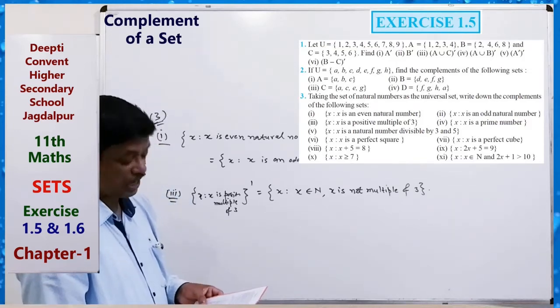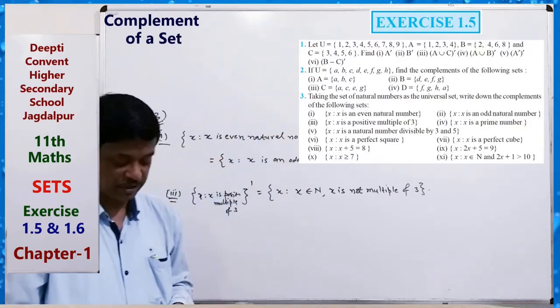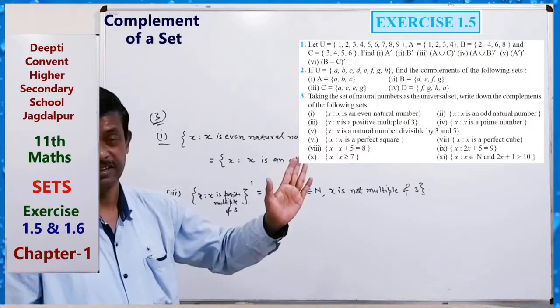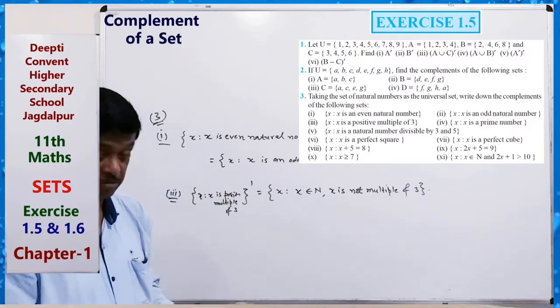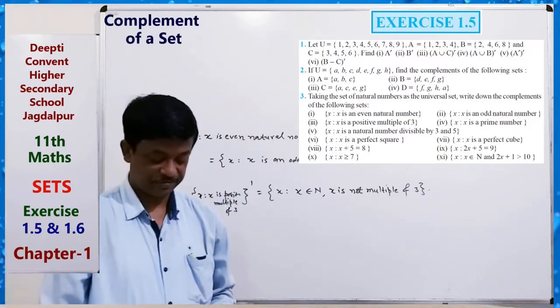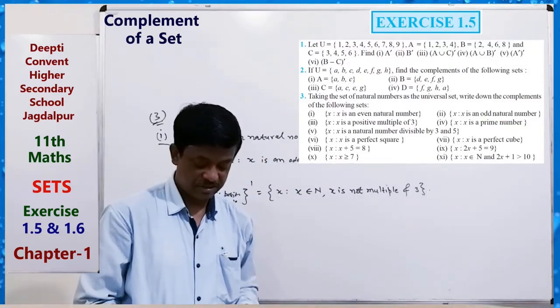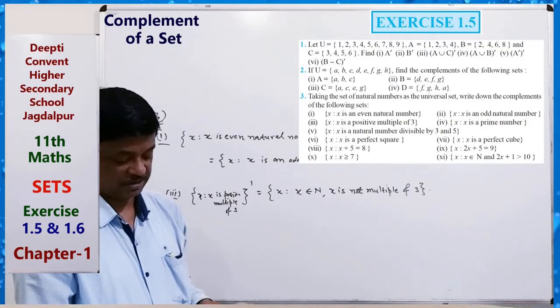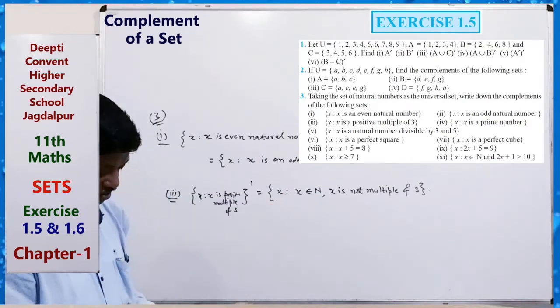And x such that x plus 5 equals to 8. That means what? After solving, x equal to 3. That is set x equal to 3. So we have to write complement what? x not equal to 3. Natural number x not equal to 3, because our universal set is set of natural numbers. So 2x plus 5 equals to 9, also you can solve it and write opposite of that, whatever we get.